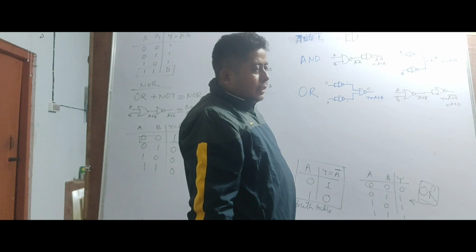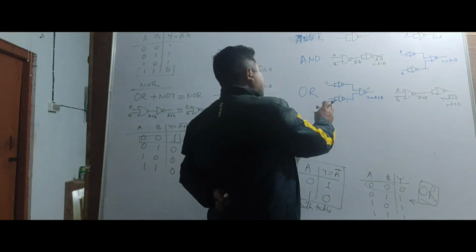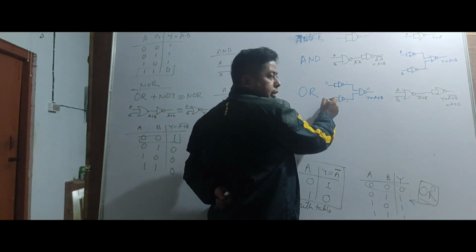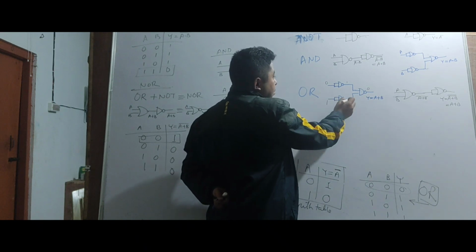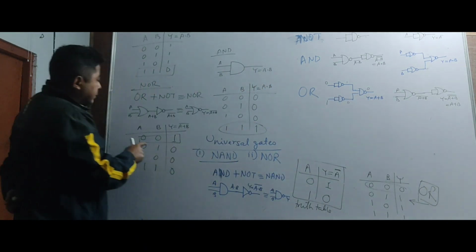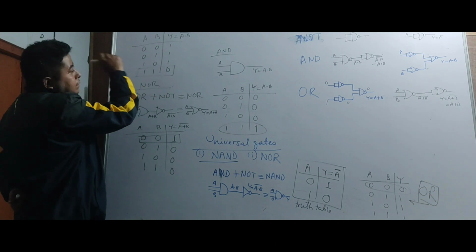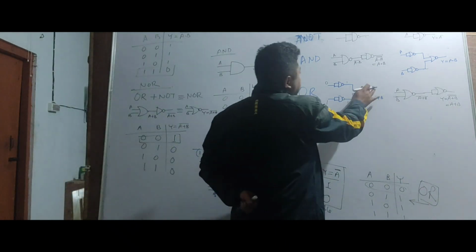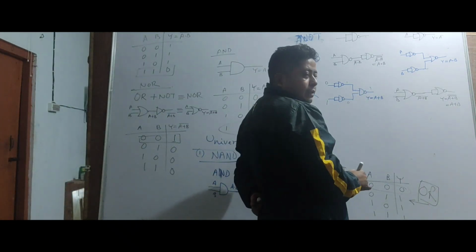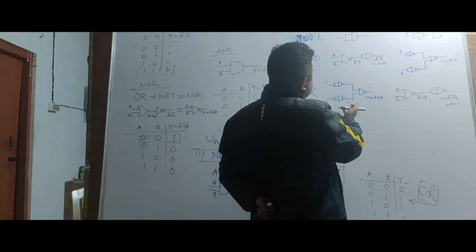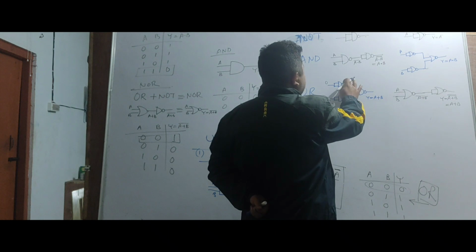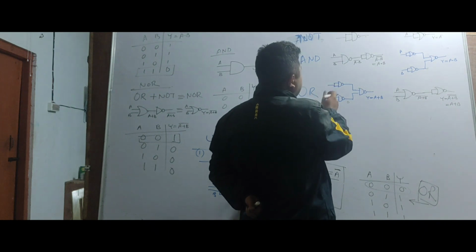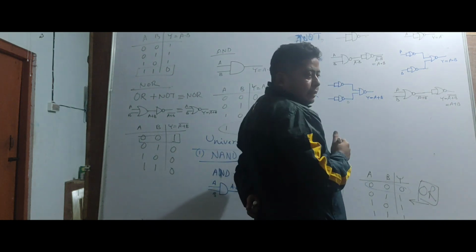Okay? Yes or no? Yes. Let us put 1 here. Let us see what happens. When this is 1, this becomes 0. 1, 0 is, see the table? 1, 0 is 1. That means any 1 gives you 1. That's your OR operation only. Okay? So this is how we can get OR gate using NAND gate.